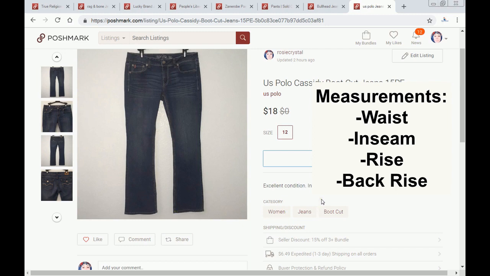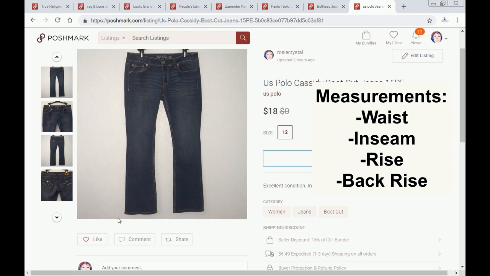This is an important measurement because depending on the height of the person buying these jeans will depend on if these will fit them. So this inseam here is a 29. So this is a shorter pair of jeans. If you get inseams like 32, 33, these are for taller girls. So size 20 or inseam 29 would be a shorter pair of jeans.